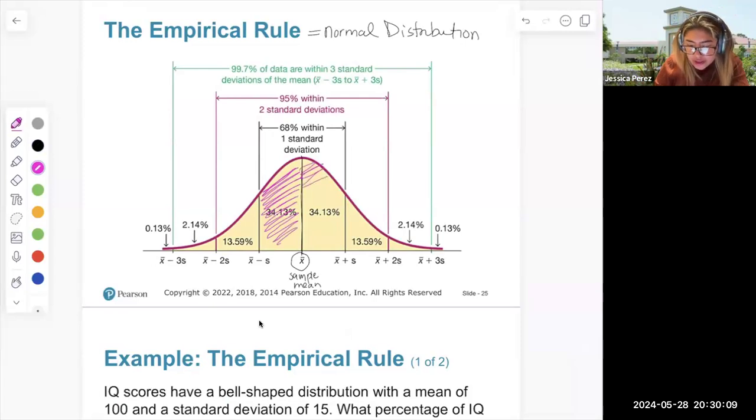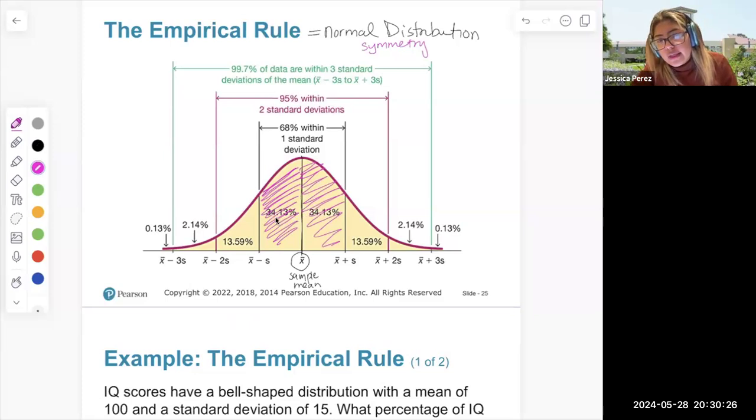If we divide it by 2, because when you have a normal distribution, you have symmetry. It's symmetrical, so if you cut it in half, you have half of one side, half of the other. So one standard deviation away, you're cutting it in 2. So 68 divided by 2, we get 34.